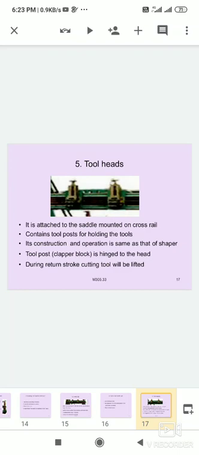The tool head is attached to the saddle, which is mounted on the cross rail. It contains a tool post for holding the tools. Its construction and operation is the same as that of a shaper.